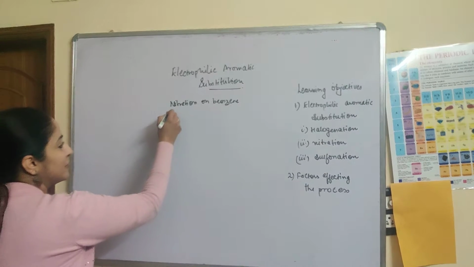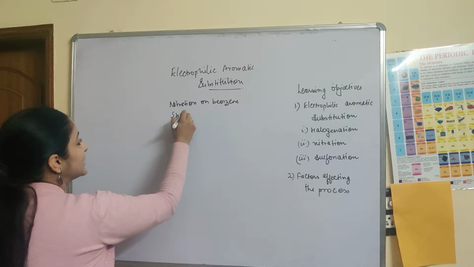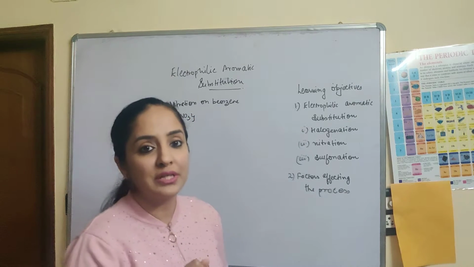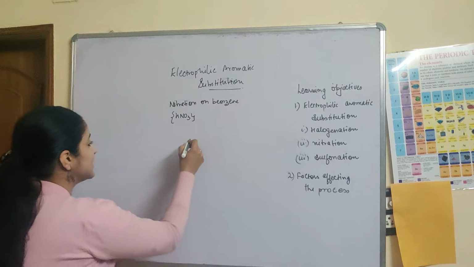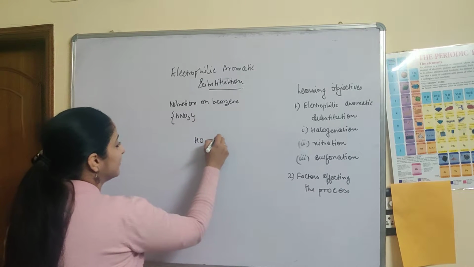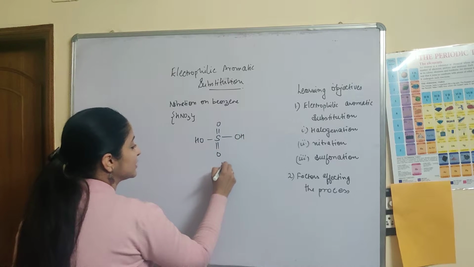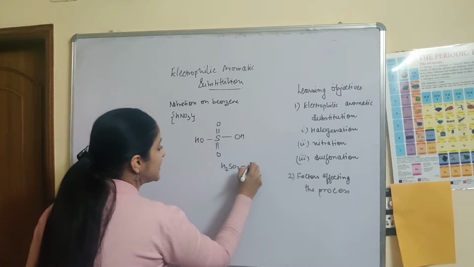So you know that for nitration, you will be needing nitric acid, right? So what will be the catalyst over here? The catalyst that we take here, students, is this. Can you figure out what this is? This is sulfuric acid, students. H2SO4, which is your sulfuric acid.